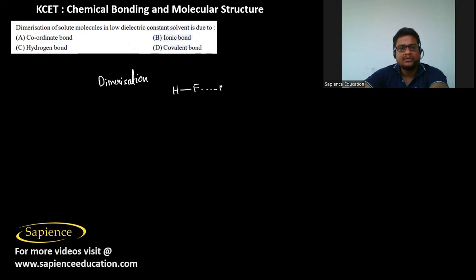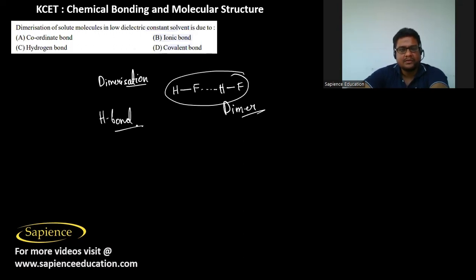When two molecules are linked with a hydrogen bond, then one dimer is formed, which is called the process of dimerization. So it happens due to hydrogen bonding. So option C is the correct answer.